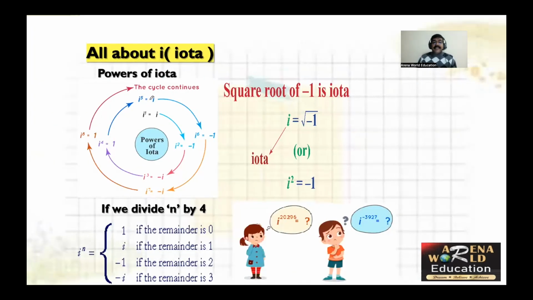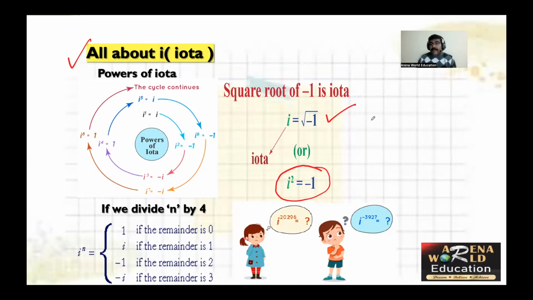Now let us understand all about iota. Iota we had already discussed. Iota is an imaginary unit and the value of iota is equal to under root minus 1, right? And after squaring, we will get iota square is equal to minus 1.